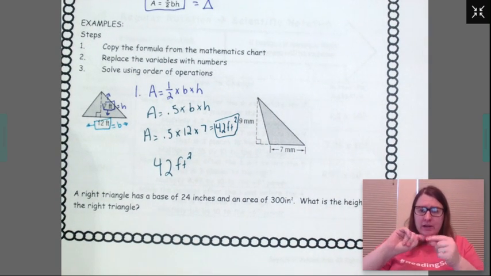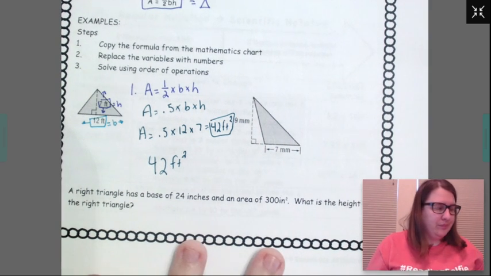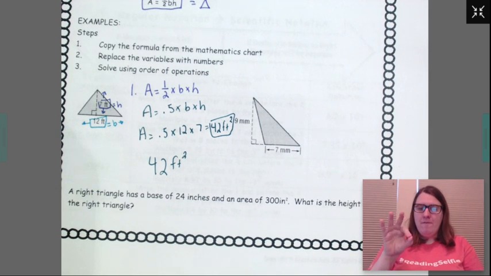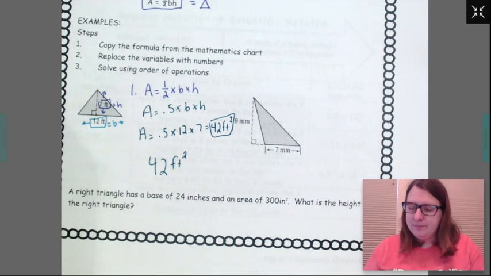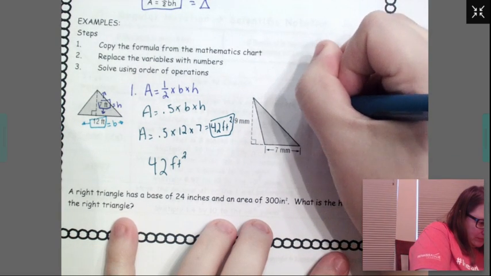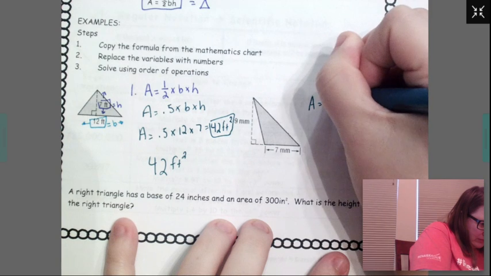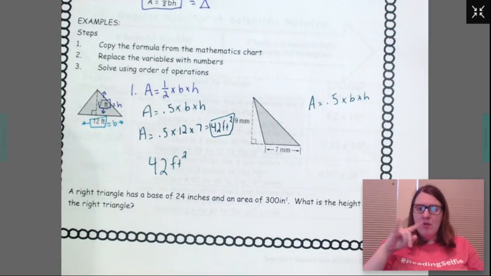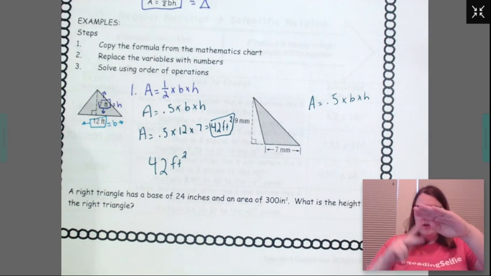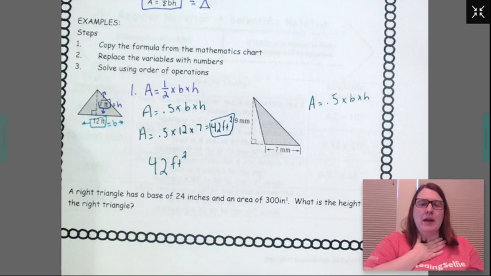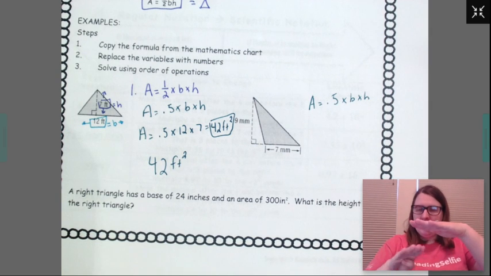Now we're going to try number 2. First, I write my formula. And I'm going to skip the part that says 1/2 because I know that's the same as 0.5. Now I need to find my height and base.